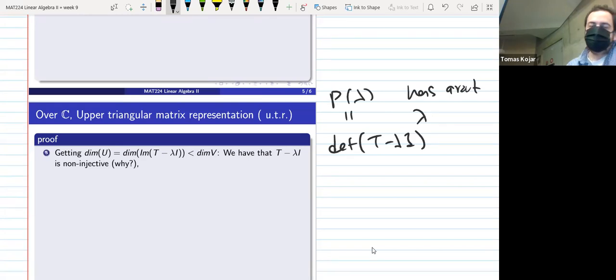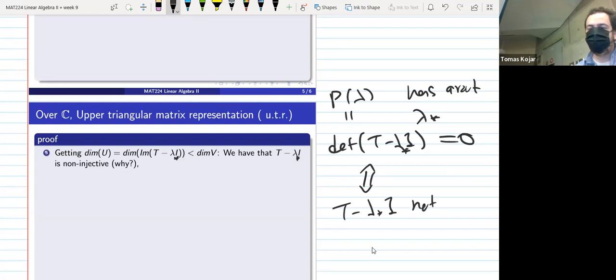So what do I want to say? Right, yeah, it has a root lambda star. So this guy is 0. I should put lambda star here just to make it clear. So this guy is 0. What have you learned about this and invertibility?